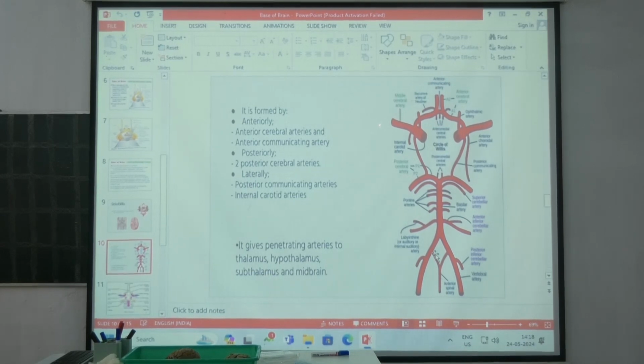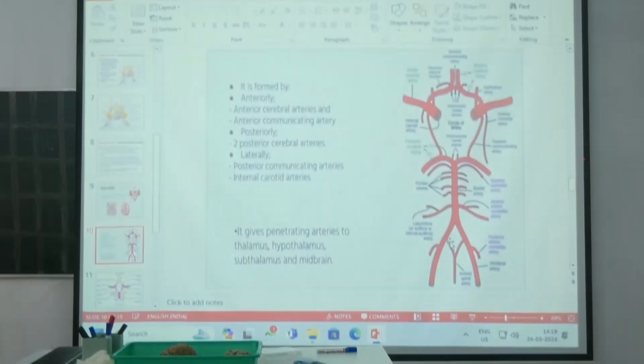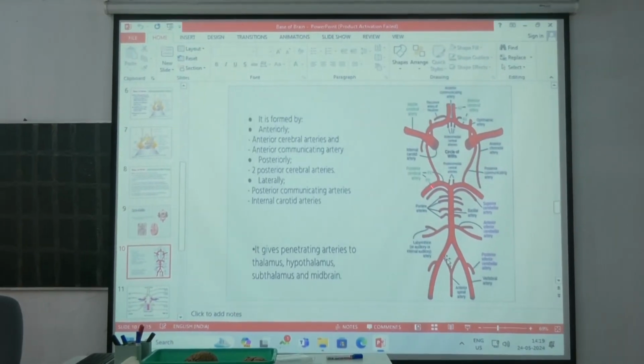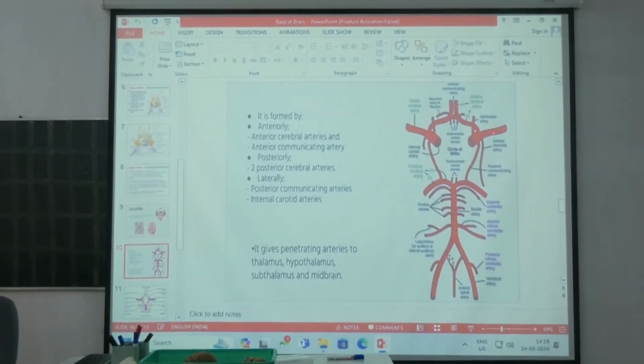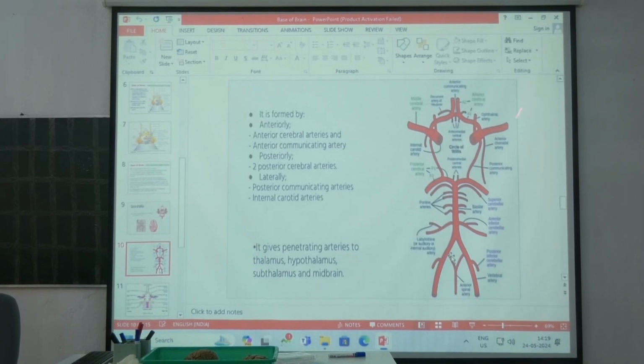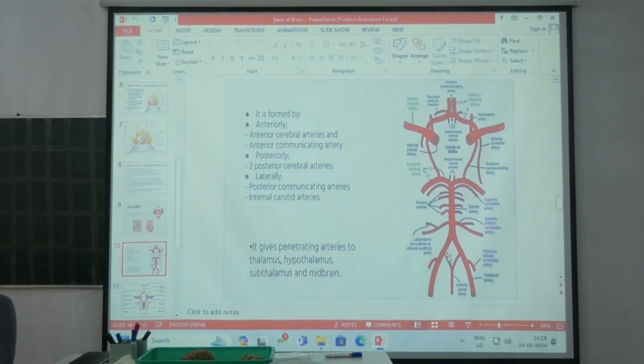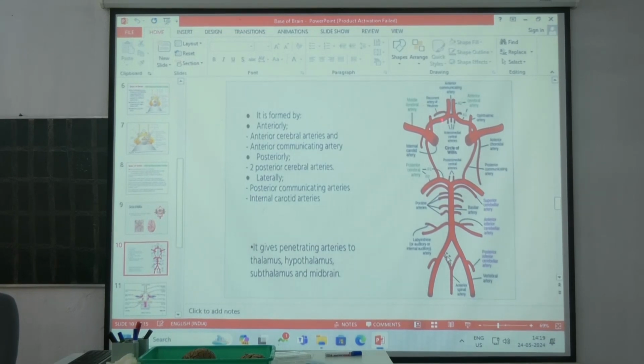So this large artery is the internal carotid artery. It gives two branches, the anterior cerebral artery and the middle cerebral artery. The posterior cerebral artery is a branch of the basilar artery, and it is connected with the middle cerebral artery by the posterior communicating artery, and the two anterior cerebral arteries are connected by the anterior communicating artery.